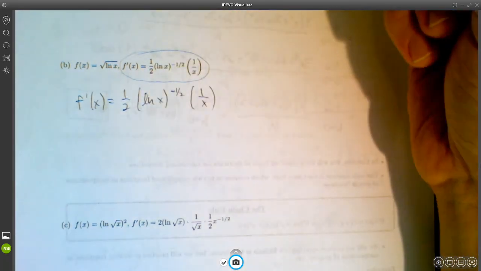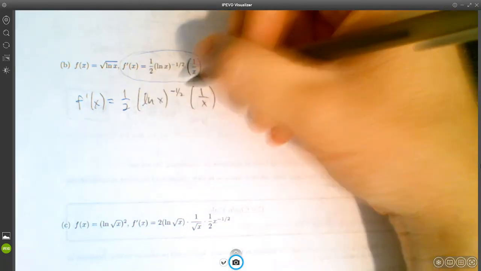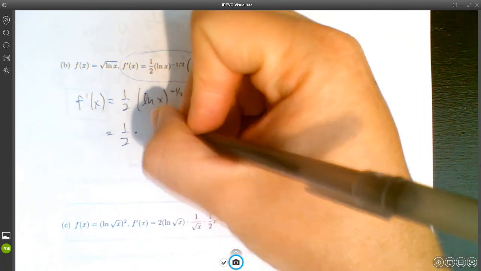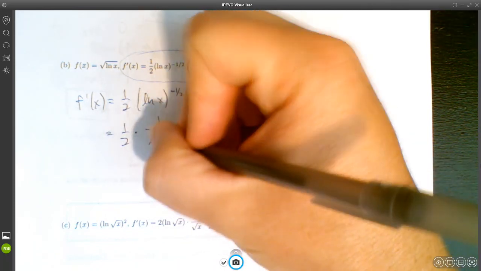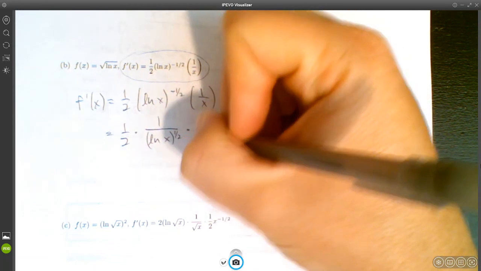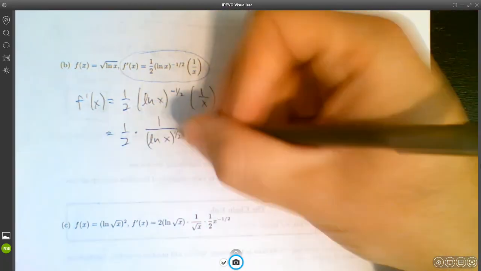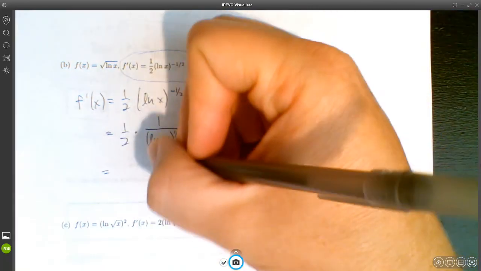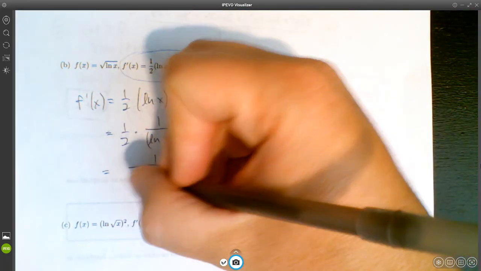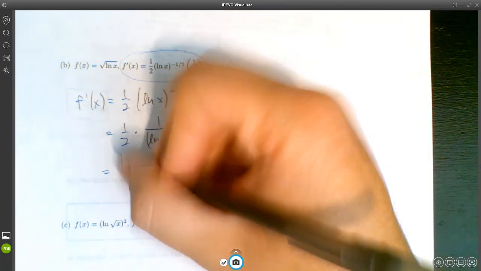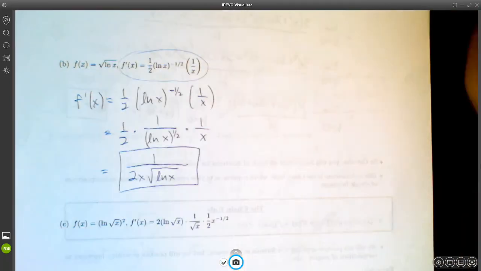What in the world is going on? Well, ln of x to the negative 1/2, that would be the same thing as 1 over ln of x to the positive 1/2. You can rewrite that as a square root if you want. So I'm going to rewrite this as 1 over 2x, right? I'm bringing this x over. 2x times the square root of ln of x. Okay?